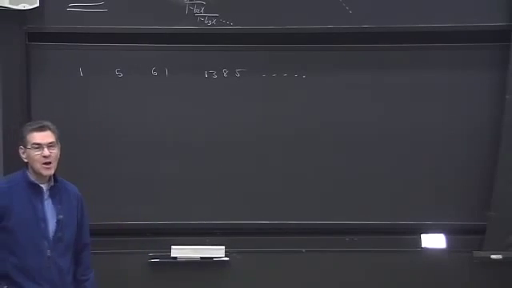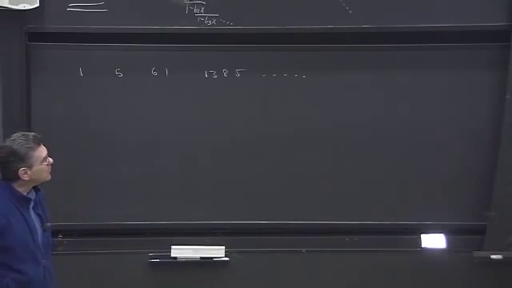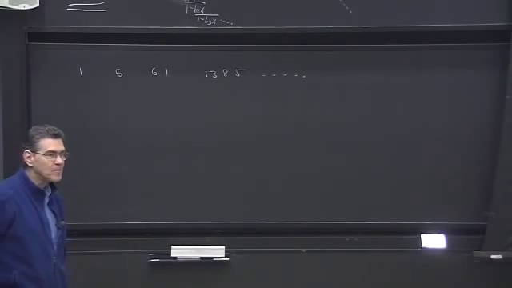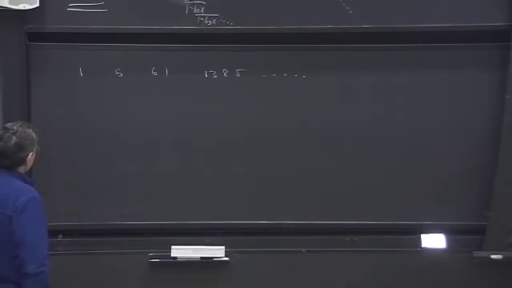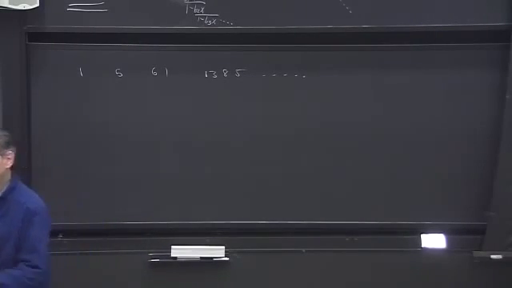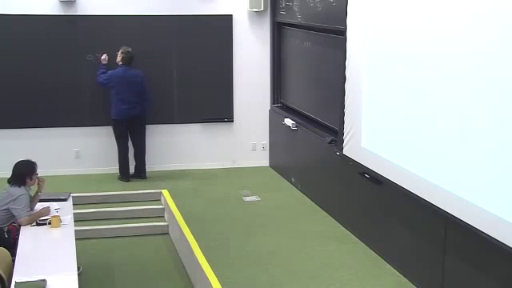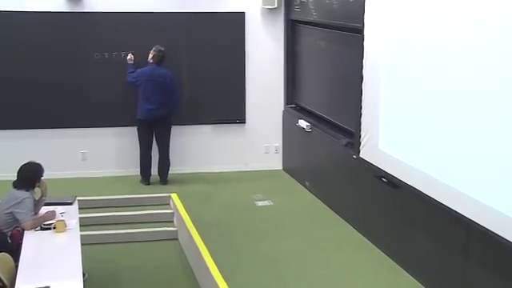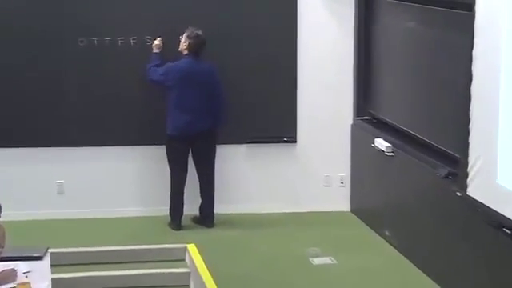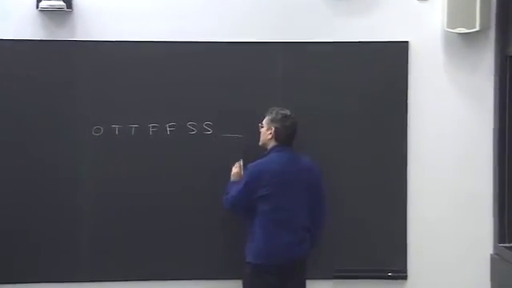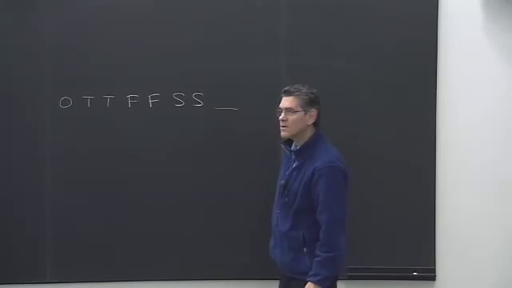Hopeless. But I'm going to give you an interesting way of solving a problem like this. Does anybody know the next number in this sequence? These are letters: O, T, T, F, F, S, S. Anybody know the next letter?